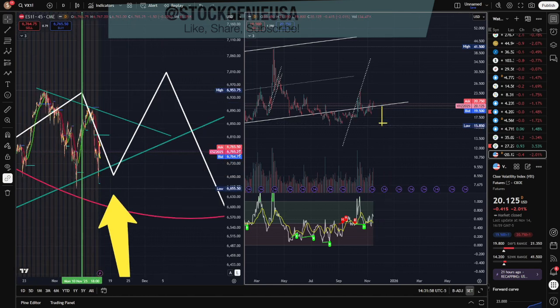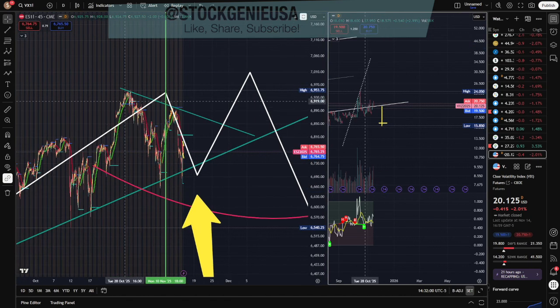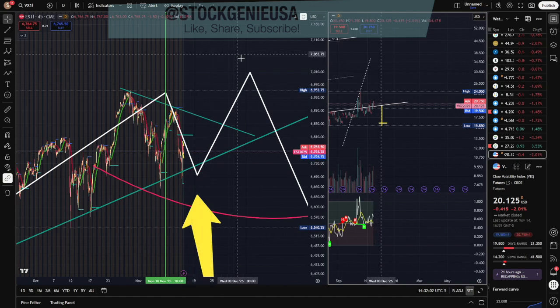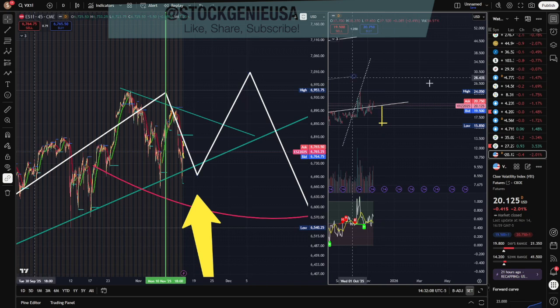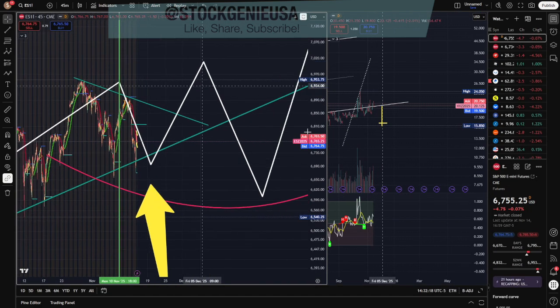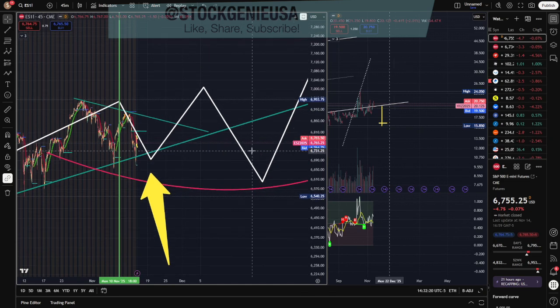I didn't even notice this until just now. Here I am with my pattern. Here I have a high happening around December 4th, which is Thursday. And we have the VIX bottoming out almost exactly at that time. Amazing how these things really come together, isn't it?